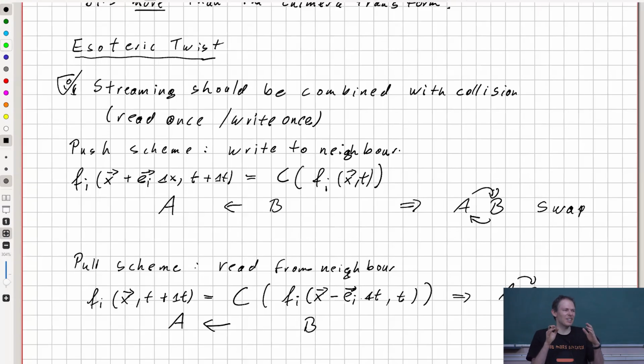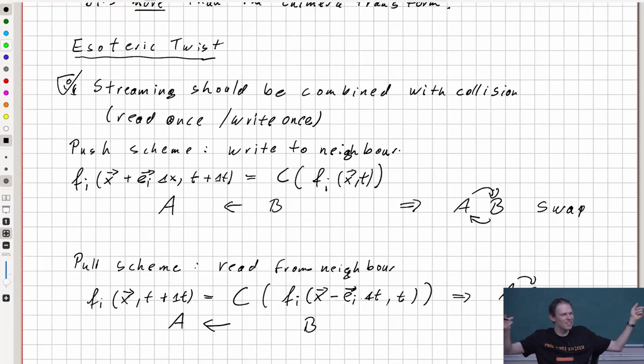So what do I mean by reading aligned? Reading aligned is you read things from one spot, all together. So you read locally, so to speak, and you write far apart. This is when you push things.